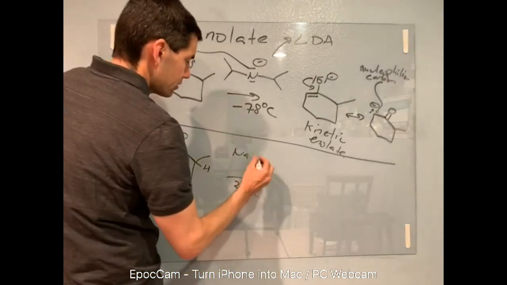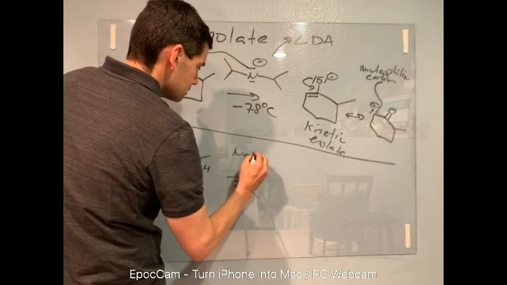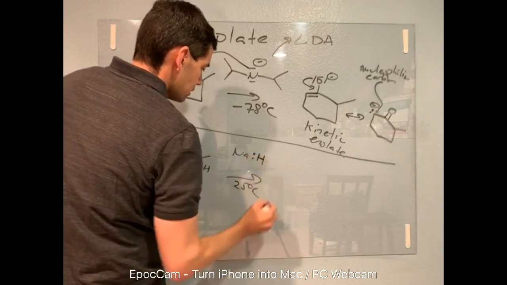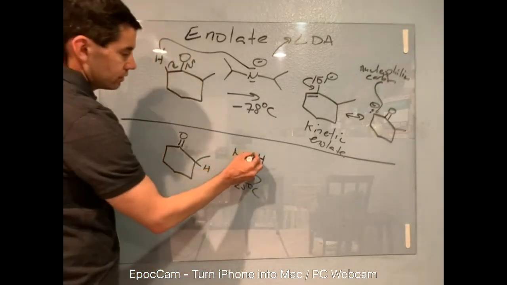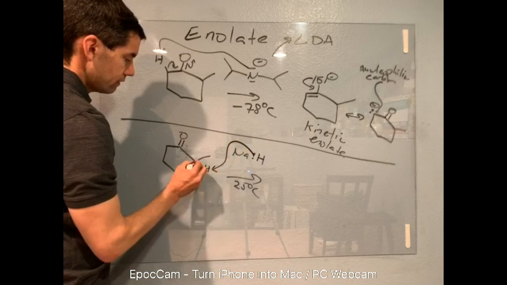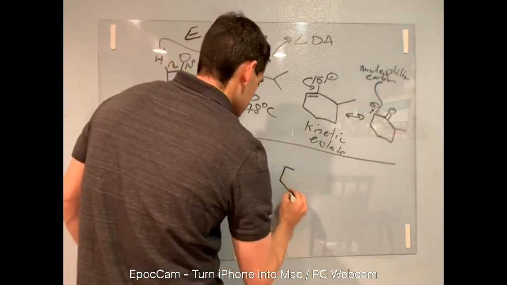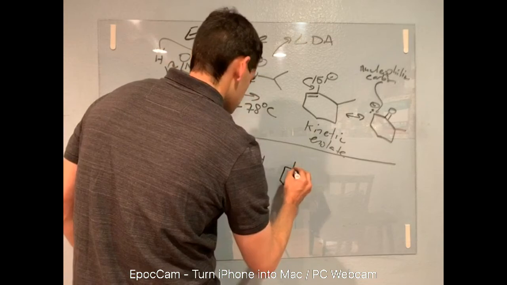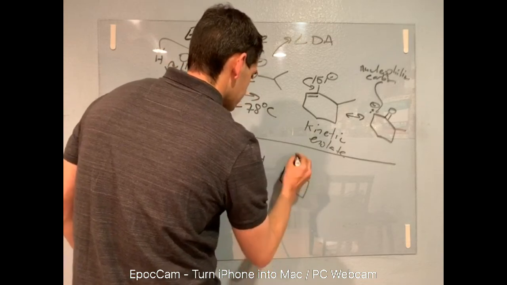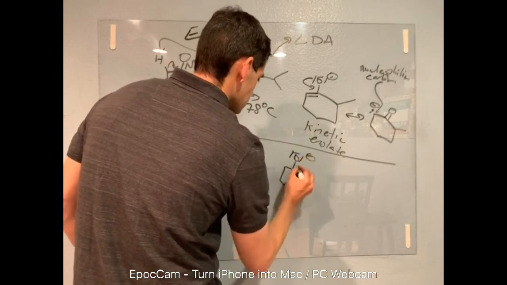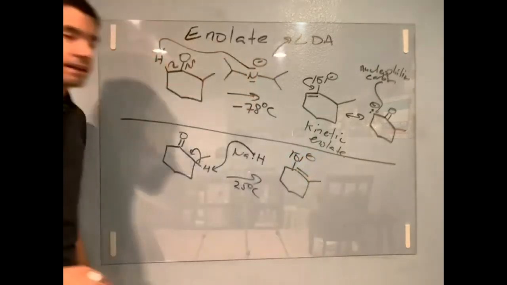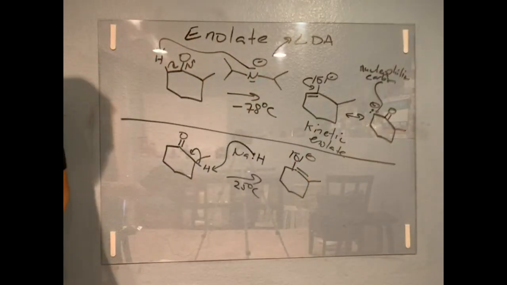And we know with sodium hydride, the hydrogen is negatively charged, and it pulls that proton off. We're going to form this side here. And we form that enolate there, right? That's what we're going to form.